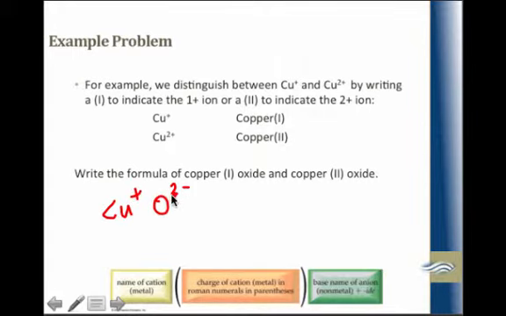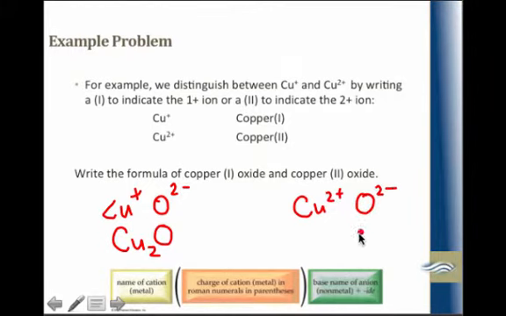This is not even, and so crisscross, I would need 2 coppers to balance the 1 oxygen. Copper 2 oxide means copper 2+ with O2-. These guys are a perfect pair, 2+, 2-. CuO is copper 2 oxide.